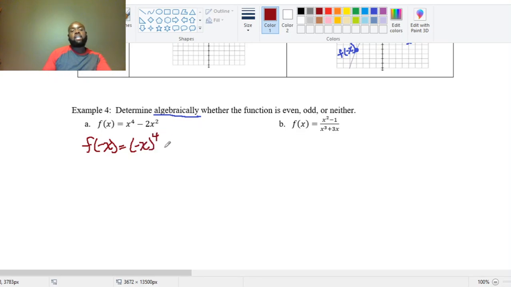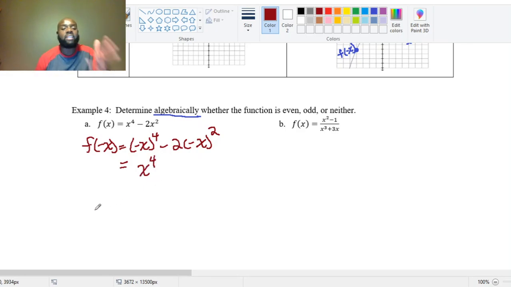So everywhere I see an x, I'm going to replace it with negative x. Well, negative x to the fourth power, 4 is an even exponent. Having that negative there doesn't matter. Or you can think of taking -1, raising it to the fourth power, or any even power, you're going to get the positive value anyway, right? So that's still x to the fourth.